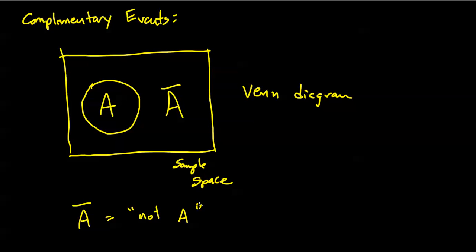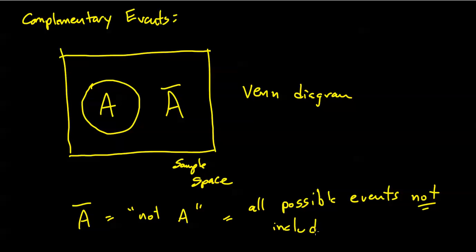A bar is not A, and is defined as all possible events not included in A.